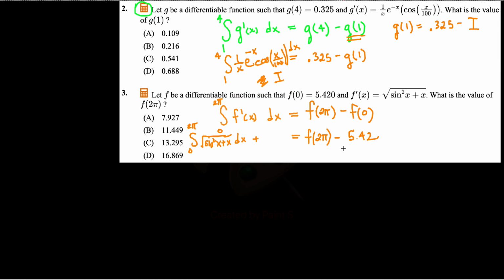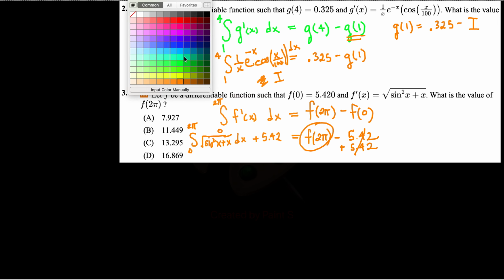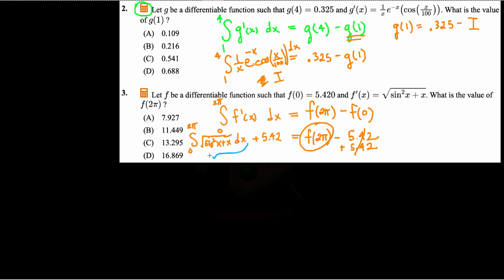Plus, I'll add the 5.42 onto both sides. And this would allow me to solve for a value of f of 2 pi. And again, you just need to know how to use the calculator to solve this integral, just the same way you needed the calculator to find this definite integral. And that's it.